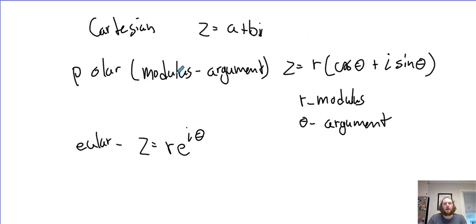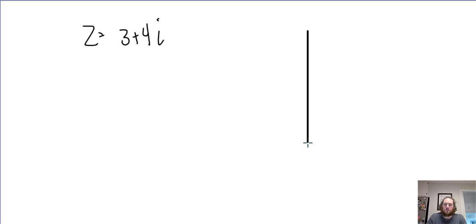So let's take a look at how we do this. If I have my point z, which is 3 plus 4i in its Cartesian form, and I want to convert that to the polar form, I would use what we know about trigonometry to find that. We know the point is here. That is my point z.